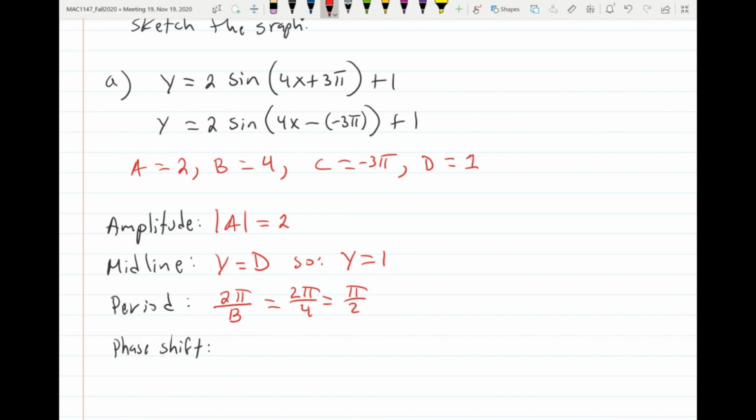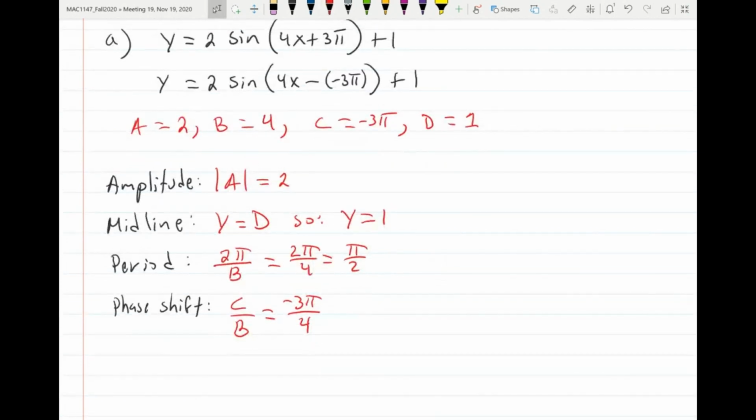All right. And then what's the phase shift? The phase shift is given by c divided by b, which in this case is negative 3 pi over 4. So this is the phase shift. What is the phase shift telling us? Remember, the information here is the horizontal shift. So what that means is that we're going to be going left 3 pi over 4 units.